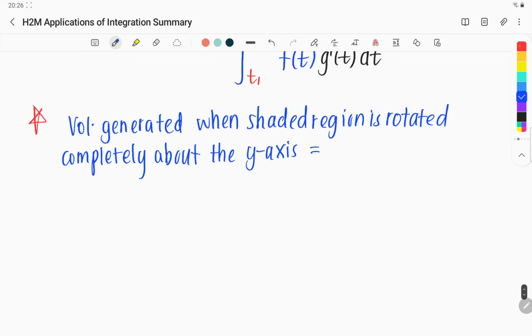Again, this is a formula that you have to internalize. It's not given in MF26. Pi integrate your y limits from y1 to y2, x squared dy.